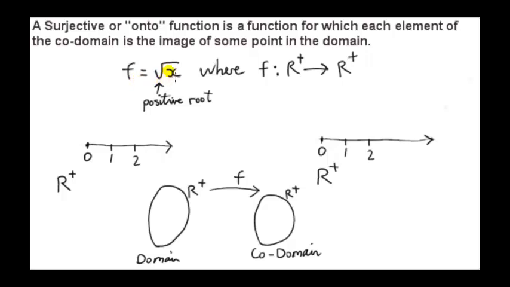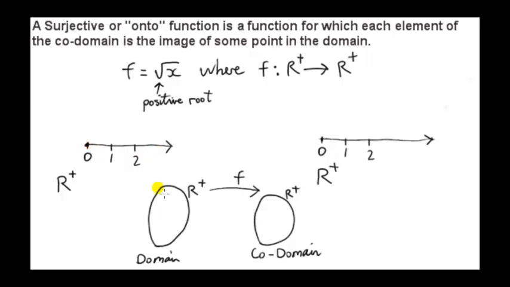f equals the square root of x, where we are just taking the positive square root, is a surjective function from the positive real numbers to the positive real numbers. The positive real numbers, including 0 here, is a continuous infinite set, unlike the last examples where we're just dealing with a finite set and just discrete elements.